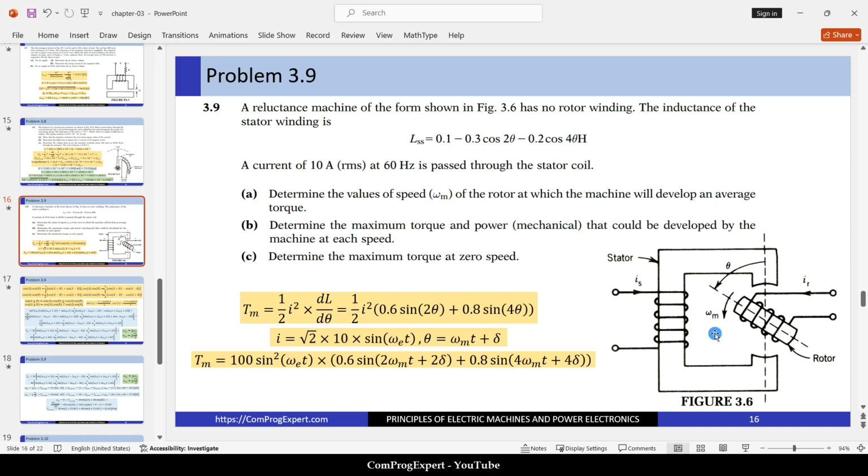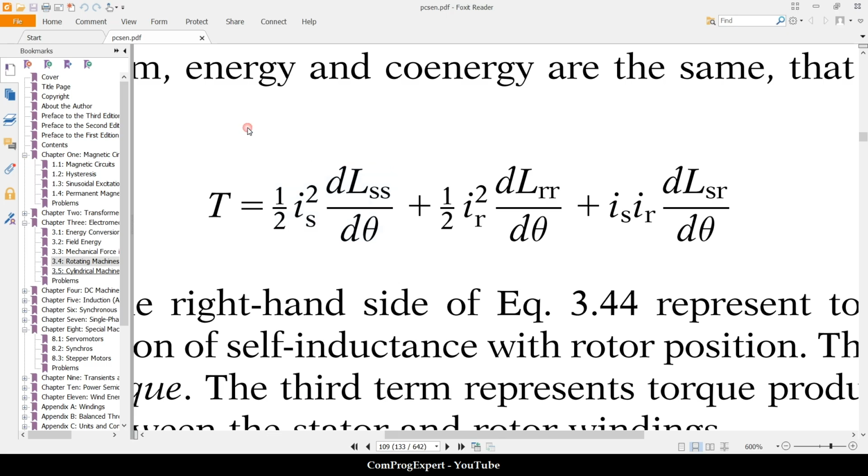In this problem, because we have only one winding, the value of the magnetic torque will be equal to this one, the first term. We only have a reluctance torque, okay? Due to variation of the self-inductance of the stator winding with respect to theta.